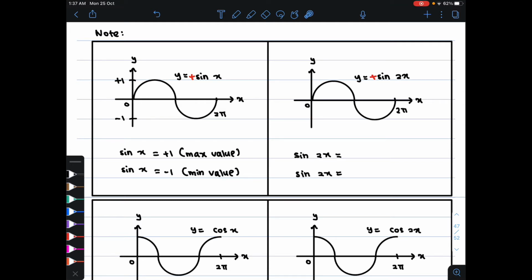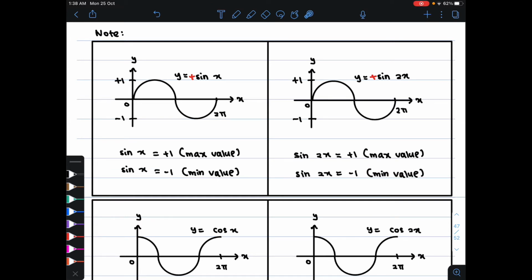The answer is no. The maximum value stays positive 1 and the minimum value stays the same, which is negative 1. So you can write down sin 2x equals positive 1 is the maximum value, and sin 2x equals negative 1 is the minimum value.